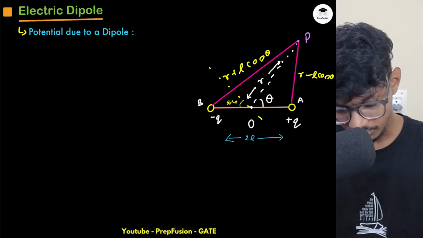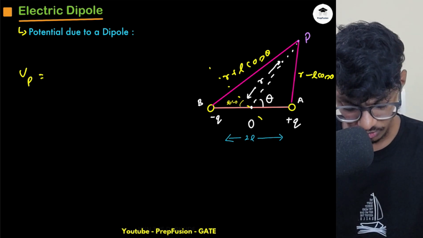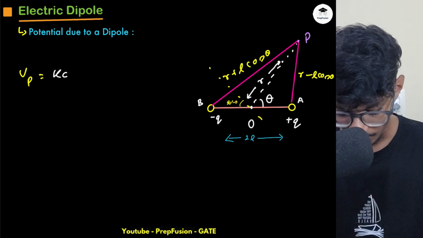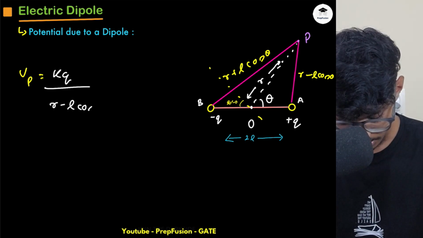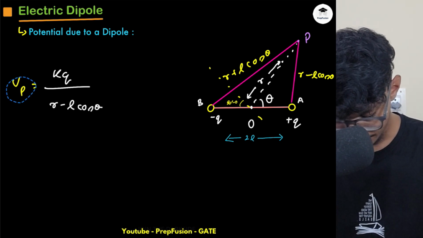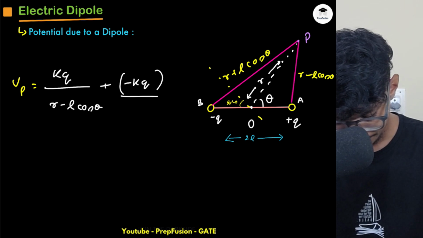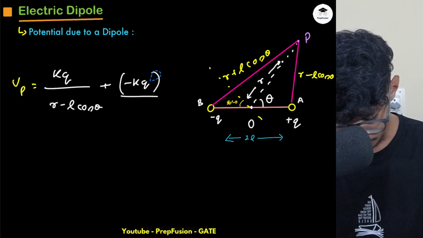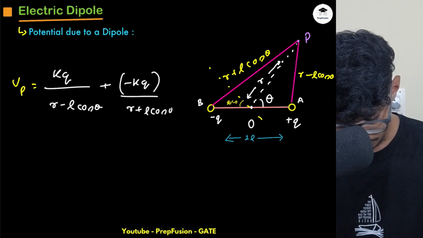Now if I try to derive the expression for potential at a point P, any random point P, this will be due to the negative and positive charge. I will obviously take the charges' signs here: kq by r, due to the point charge, that is r minus L cos theta, and minus kq by r plus L cos theta.